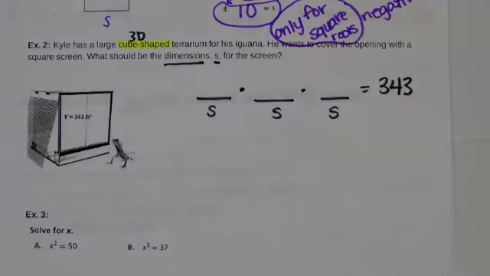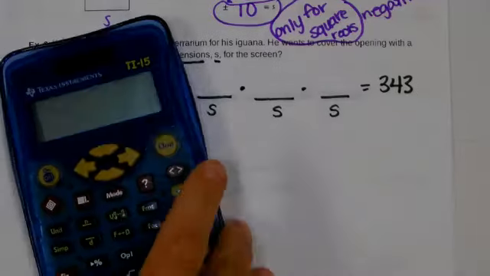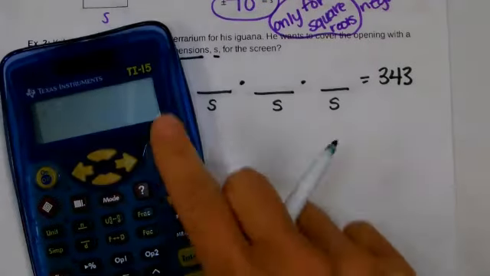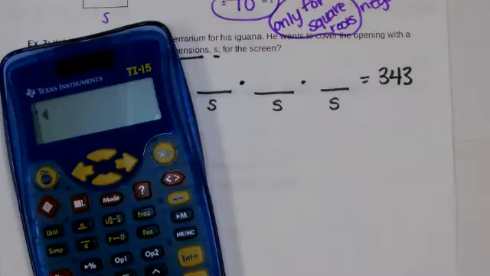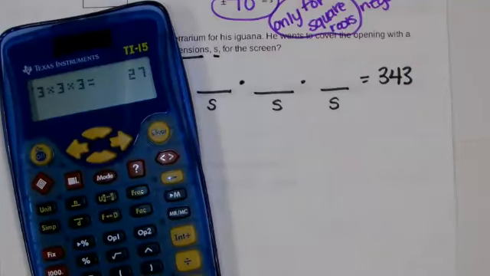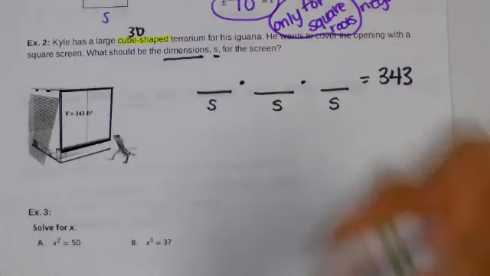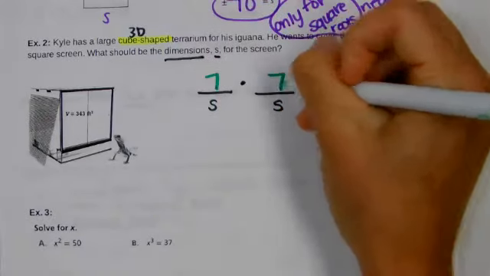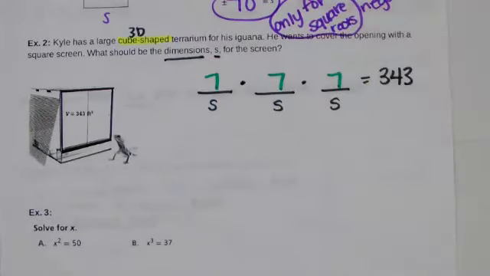And so we got to guess and check. So take your calculator out, and maybe you start by checking 3. You're like, okay, maybe it's 3 times 3 times 3. Way too low. Kathy, you got it? 7 is the correct answer. So 7 times 7 times 7 gives us 343.